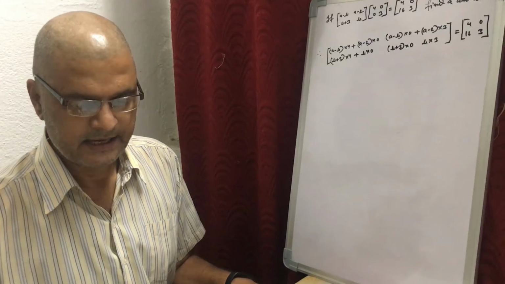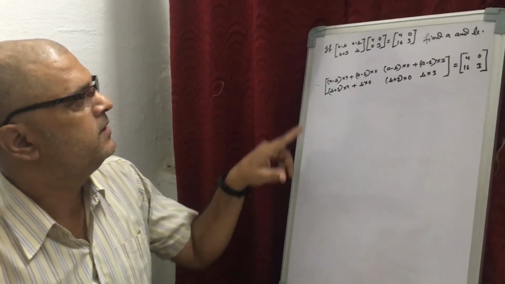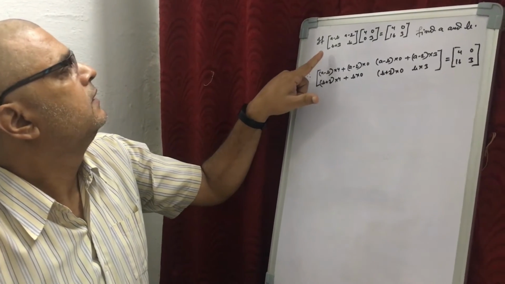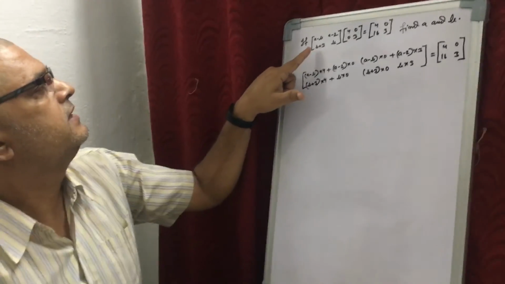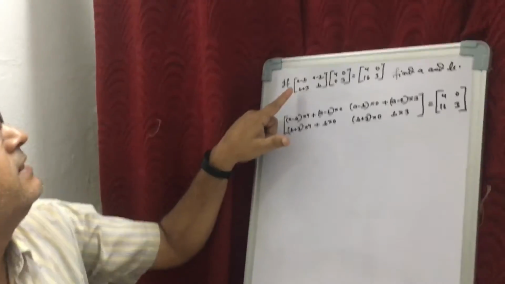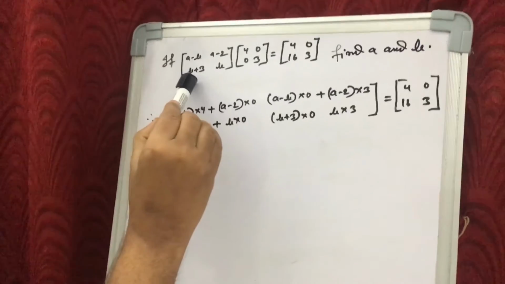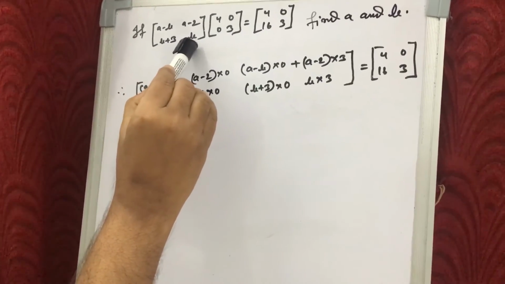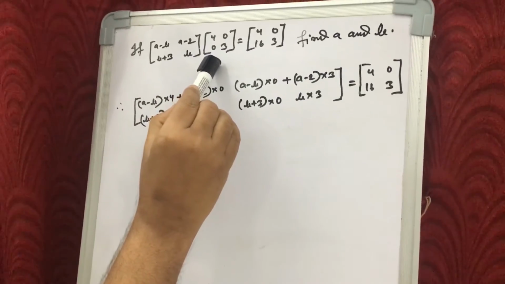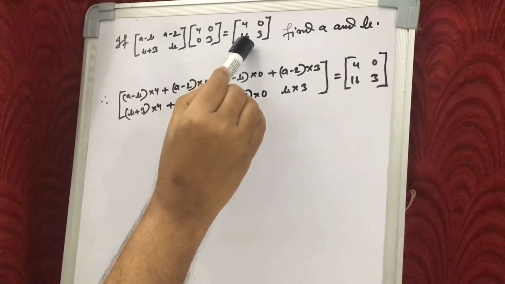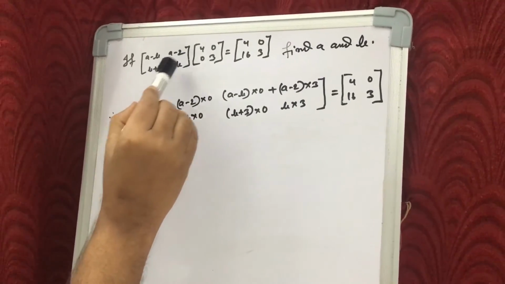Now I am solving this problem. See how I am solving this problem. If this matrix, having the elements a minus b, a minus 2, b plus 3, b, is multiplied with this one, and this is given equal to this, then I have to multiply this matrix with this.